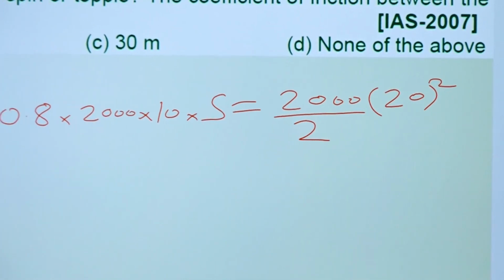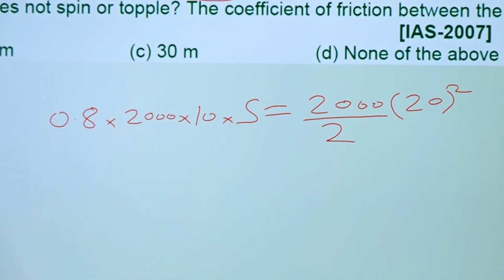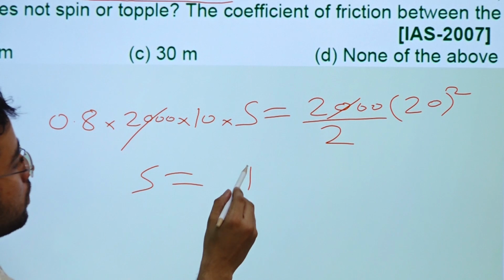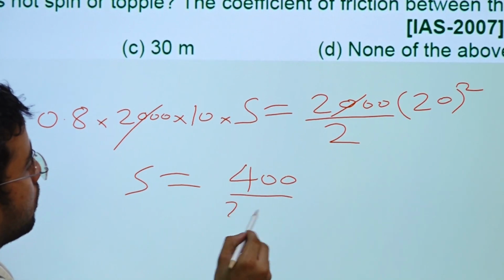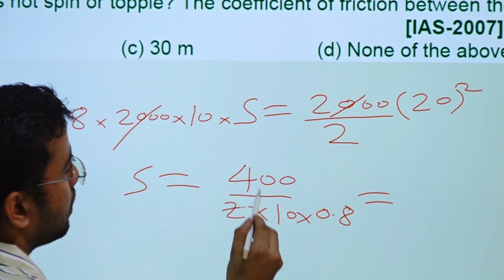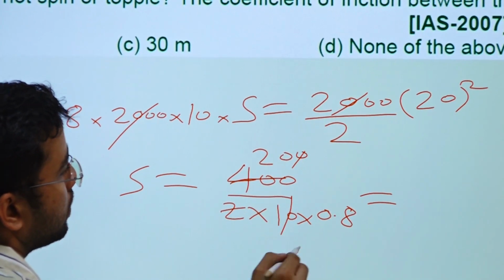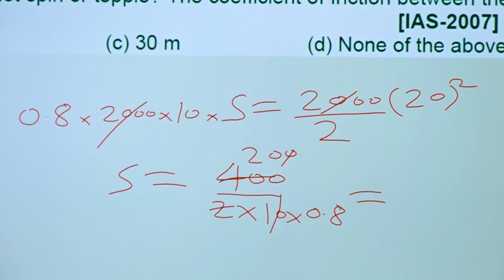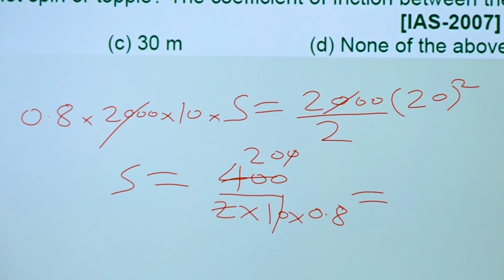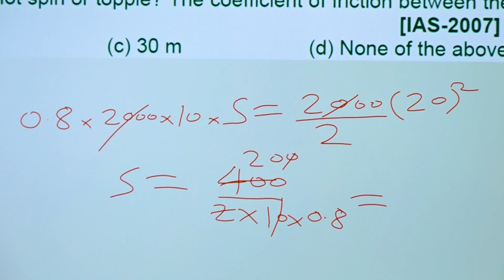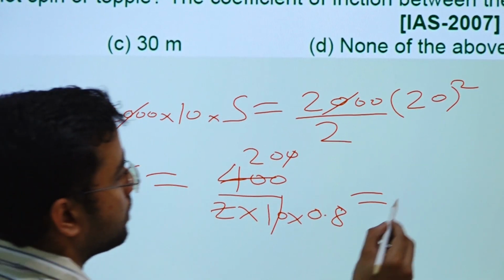So 2000 will go, S will be equal to... so when you solve it, 10 is gone, 200 divided by 8, so how much will you get? So around 25 we will get, right?